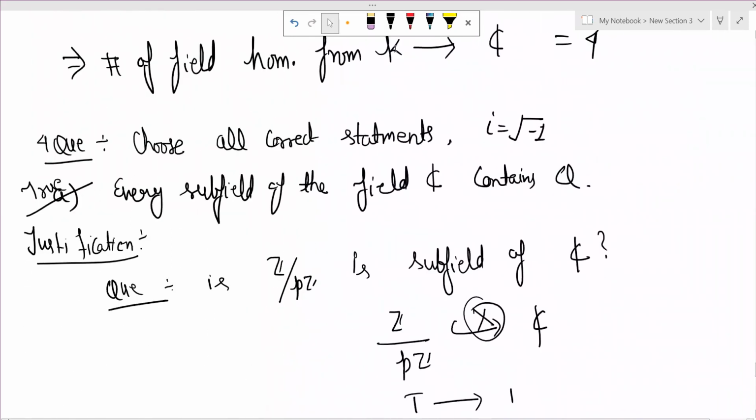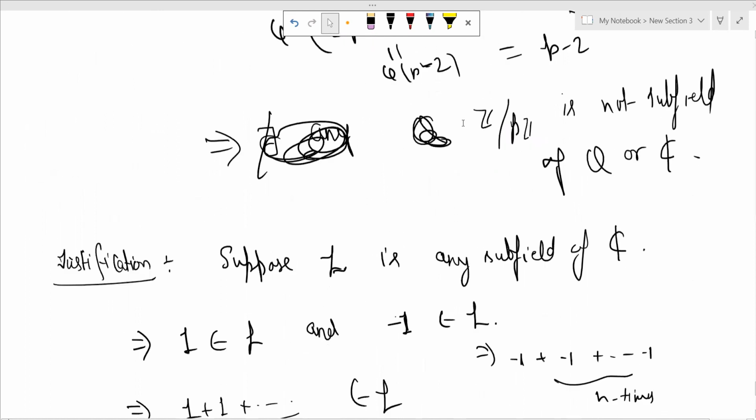Q is precisely the smallest field in which all non-zero elements of Z have inverses, right? This was done in the localization section of your course. So we are done.